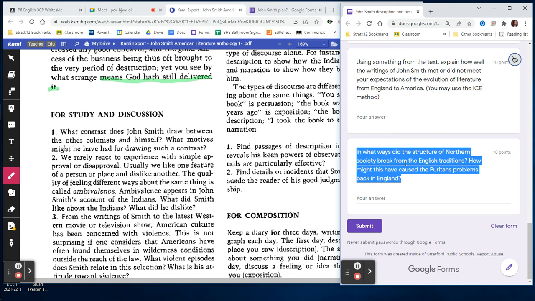They started to break from English traditions because now each man was his own man. You were no longer a serf. You were no longer underneath a lord. In fact, eventually, didn't the Americans push away the influence of the English during the time of King George, and they declared independence?